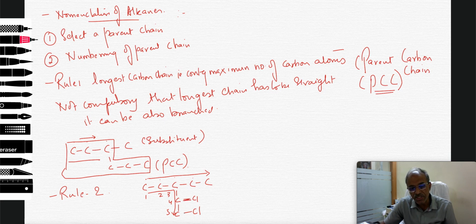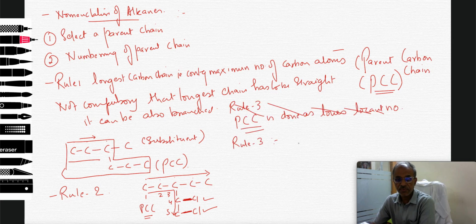So the substituent happens to be given more priority. More the number of substituents, the preference goes to that chain. So this becomes the parent carbon chain due to the presence of two substituents. If there was no substituent, then no issue. Whether you can go here or here. If you go straight, then this will become the substituent, and if you go like that, then this will become the substituent.